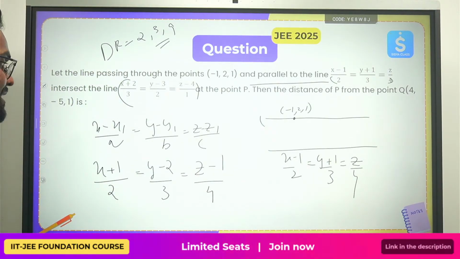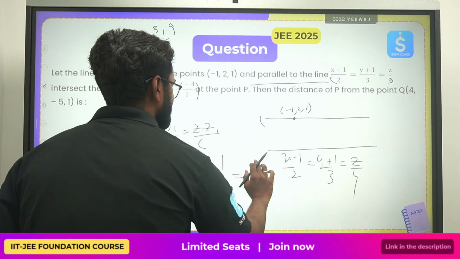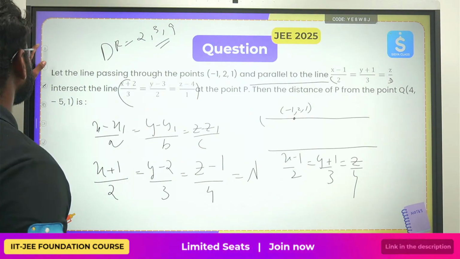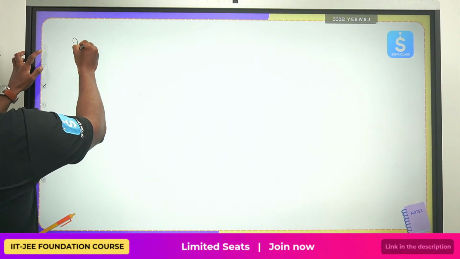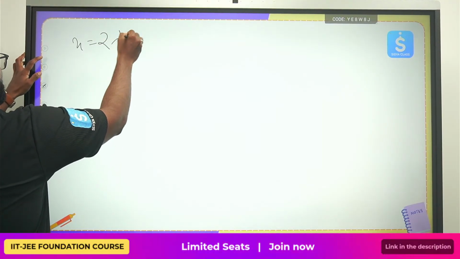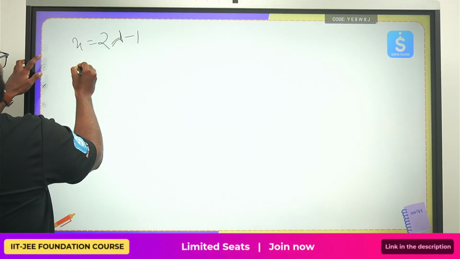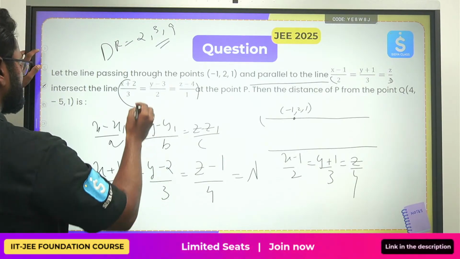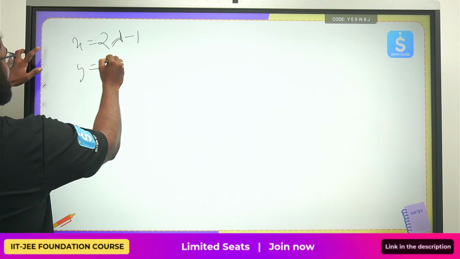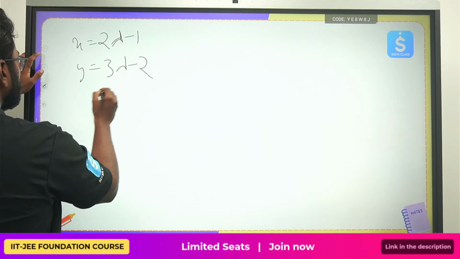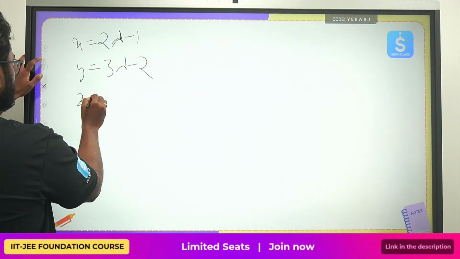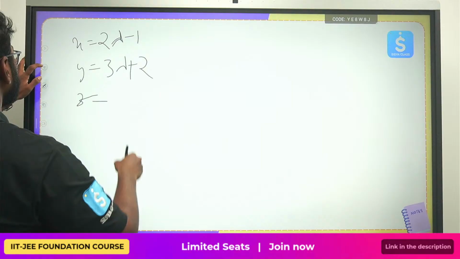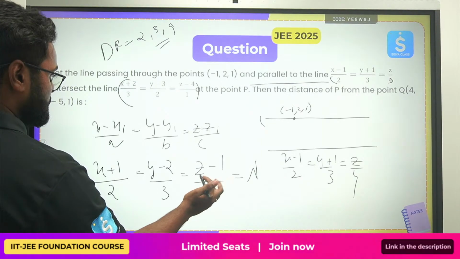Now what we do is, let us assume this equal to a symbol, sigma. Then x is equal to 2 sigma minus 1, y is equal to 3 sigma plus 2, z is equal to 4 sigma plus 1.